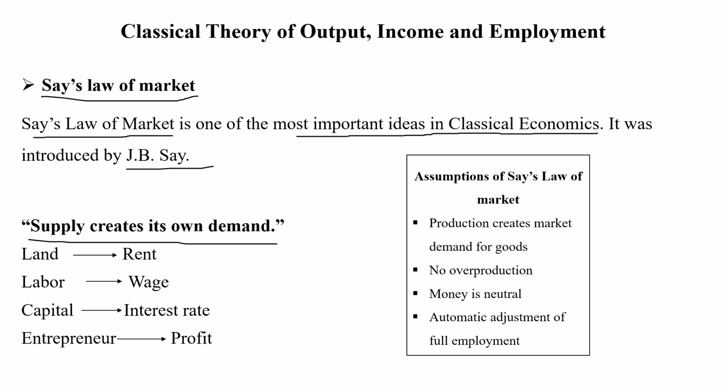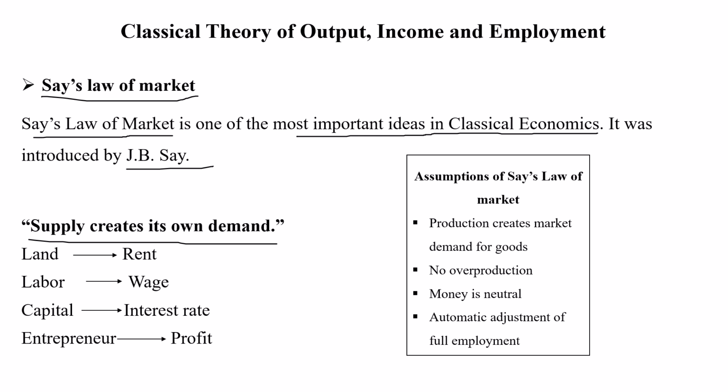As per the classical economists, production creates income, and that income generates demand for goods and services in the economy. So the same thing: supply creates its own demand.